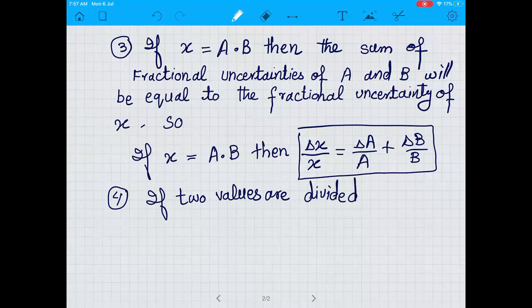Now, if two values are divided, for example, if X is equal to A over B, you have two values A and B, you divide them to get the answer X, then what would happen?